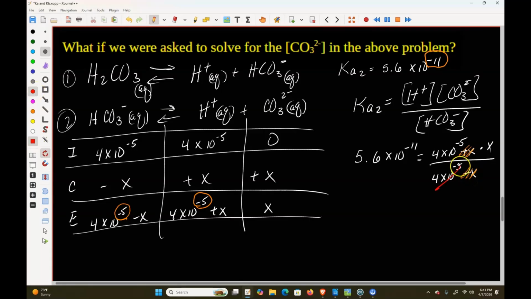Okay, notice that these two numbers cancel. So my answer for X then is going to be 5.6 times 10 to the negative 11 molar CO3 2 negative aqueous.